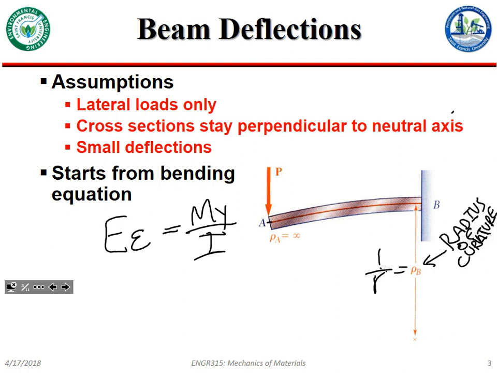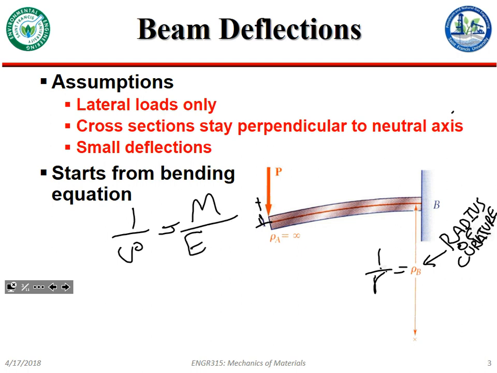So if I have my neutral axis there and I measure up from it, strain is going to vary linearly with y. So I could rewrite this as y over rho, which in the end gets me something that looks like 1 over rho is M over EI.